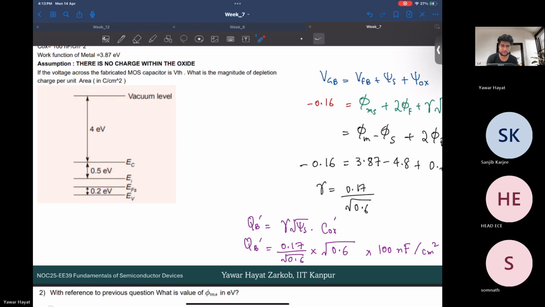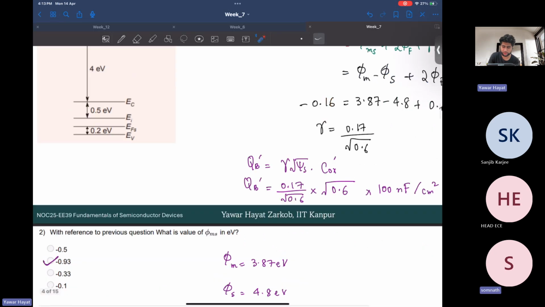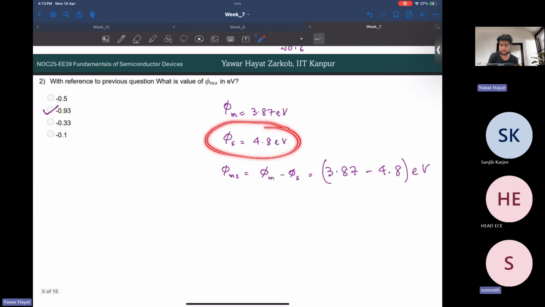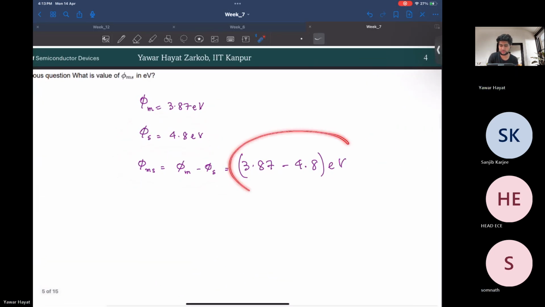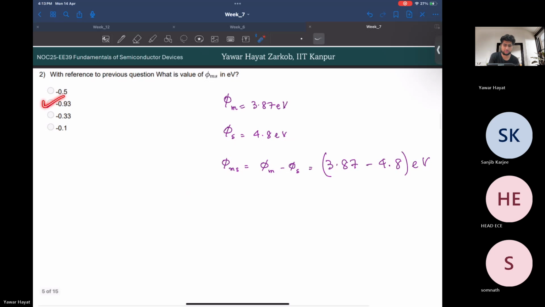Would you agree? Because this is the mid of the band gap, this has to be 0.5. If this is 0.5 and this is 0.2, this has to be 0.3. So 0.5 plus 0.3 is 0.8. Add that to 4, that's 4.8. That is what I wrote. Take the difference, that would be 0.93, and that is the value of phi ms.